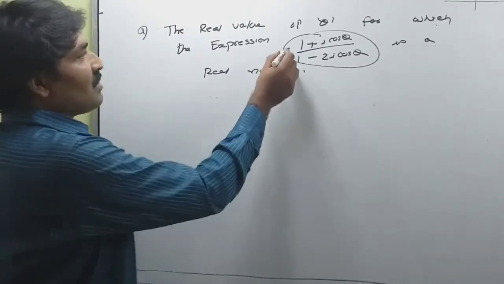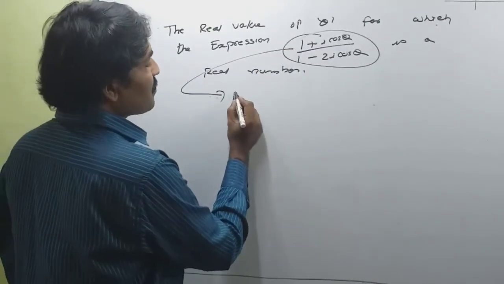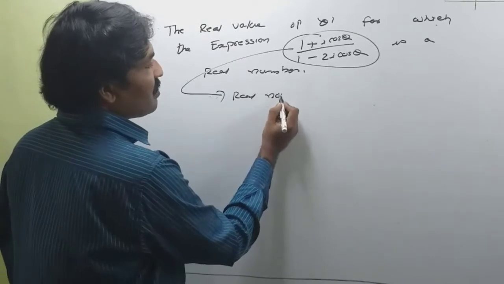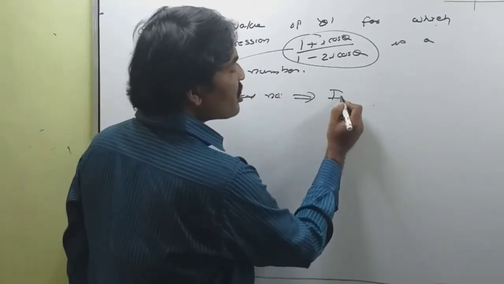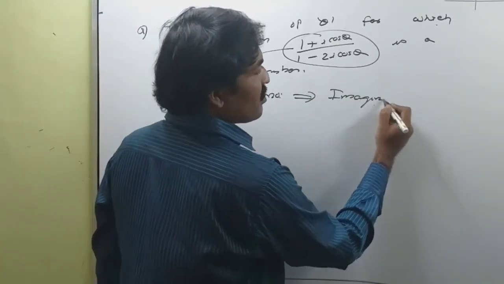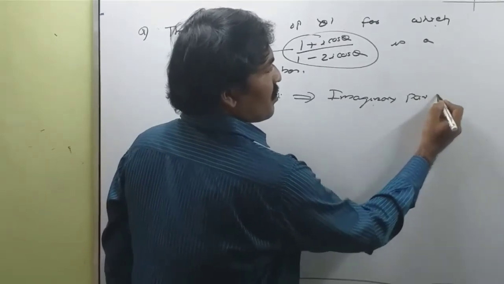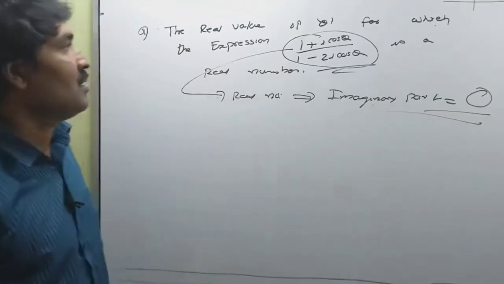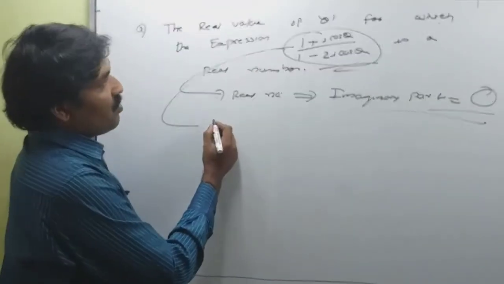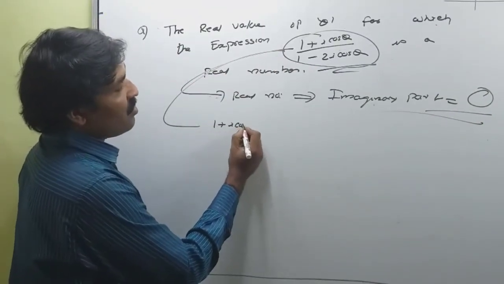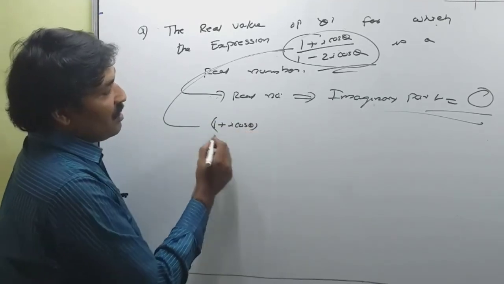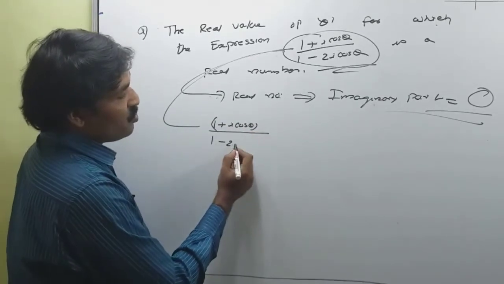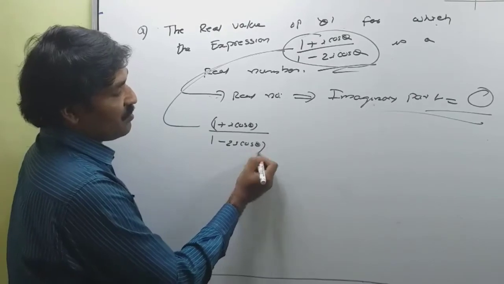That means this is a real number, which implies the imaginary part is equal to 0. Imaginary part of this is equal to 0. Right. Now, this becomes 1 plus i cos theta divided by 1 minus 2i cos theta.